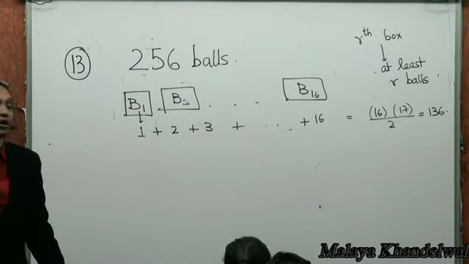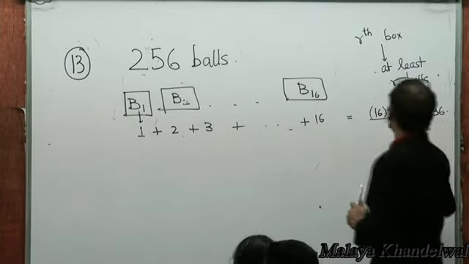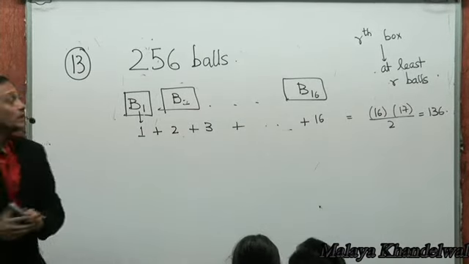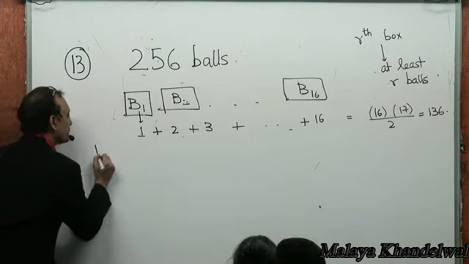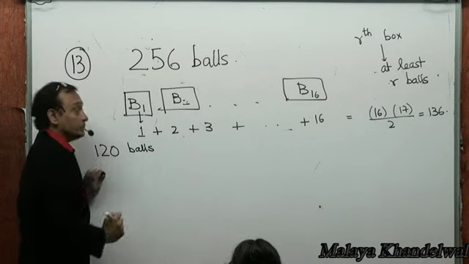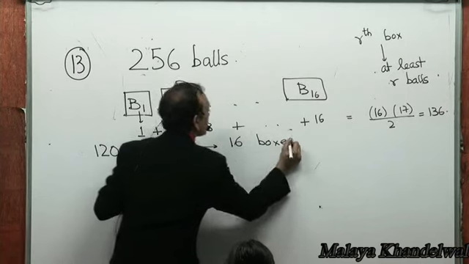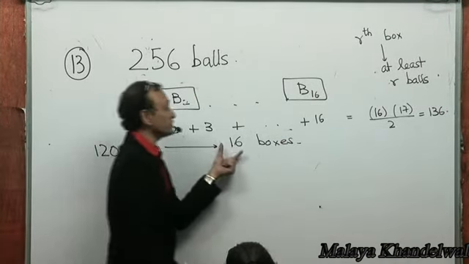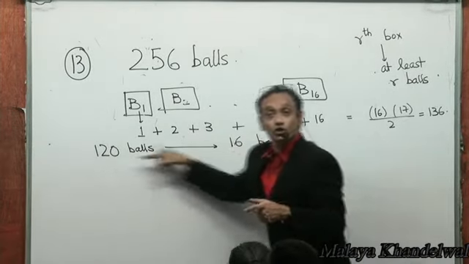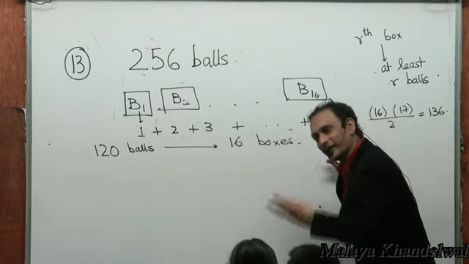Yes or no? Now each box will satisfy the minimum requirement. So 136 balls have been already assigned with the given condition. Now how many balls remain? 120 balls remain. Identical, and they have to be now given into 16 boxes. N things to be distributed in R boxes, to be given to R people, with one or more persons getting nothing.